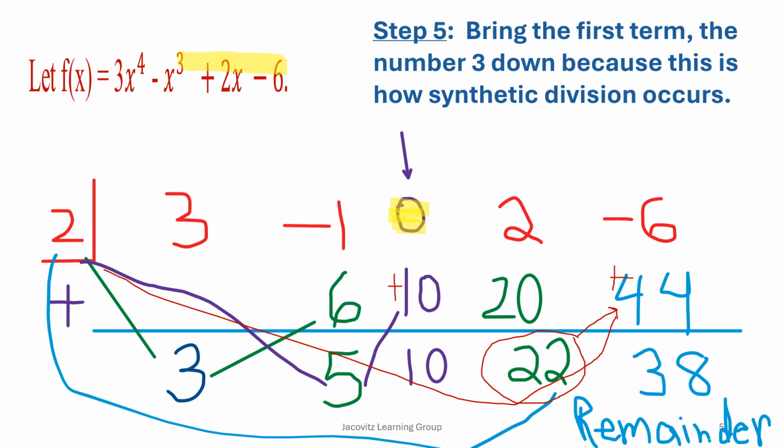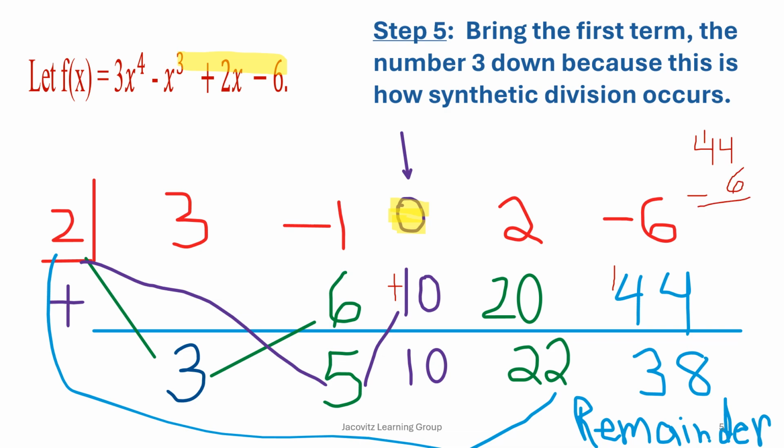So when you add this positive 44 to the negative 6, you can almost turn this around and say 44 minus 6, which is 38, and it's positive. That's your remainder. It's 38.